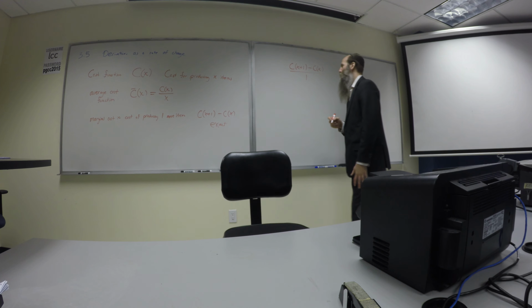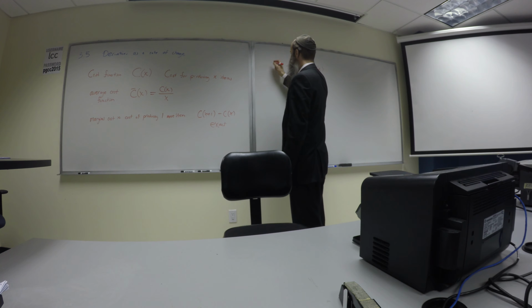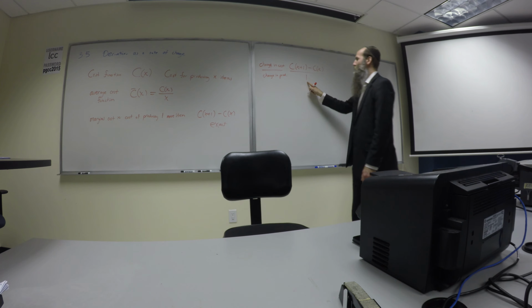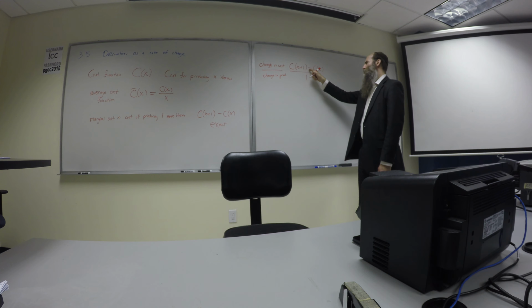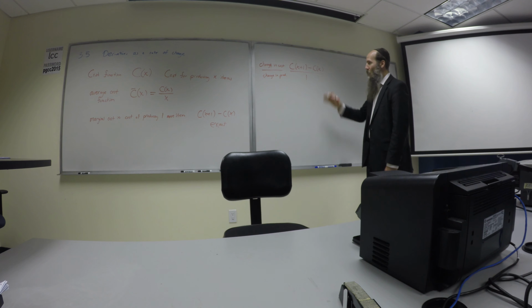But the numerator is the change in cost. The denominator is the change in production. You're producing one more item, right? That's the change down there. And up here is the change in the cost due to that extra item produced. So you have a rate of change here.